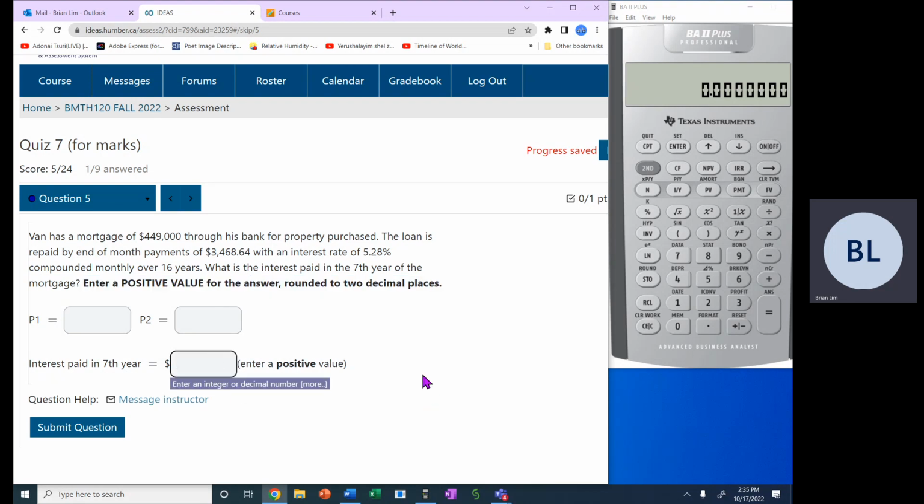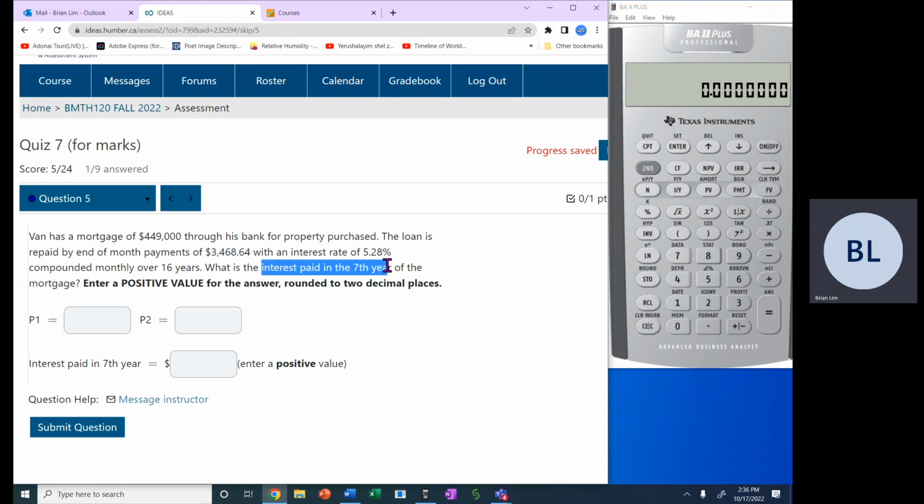That means a positive value in here. That's where it says positive value. Now we have to do the computations that we normally do, such as the PY, CY, NIY, PV, PMT, FV. In this case, we have to calculate the interest paid.